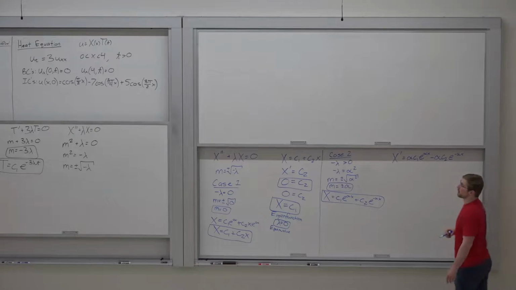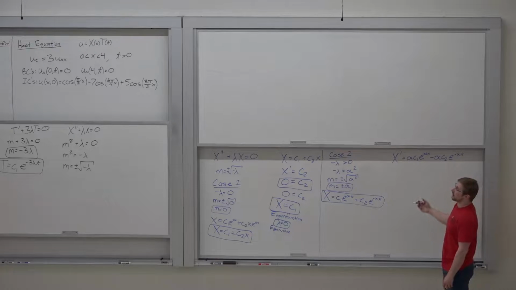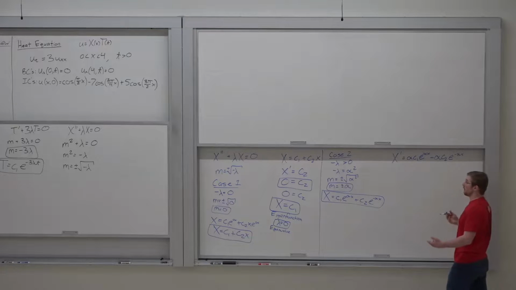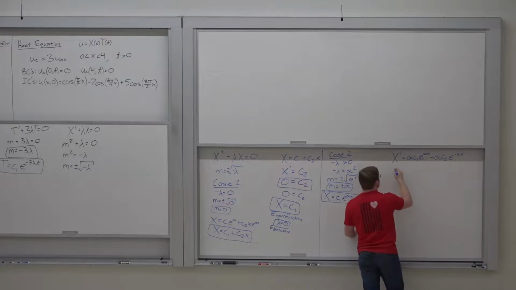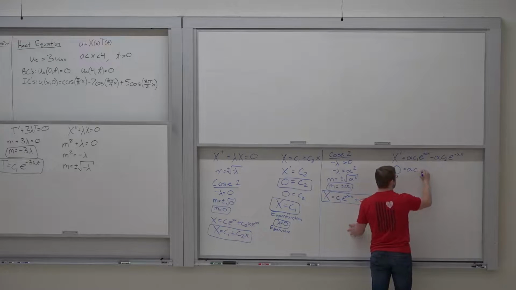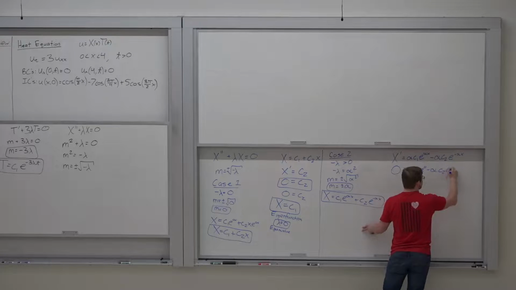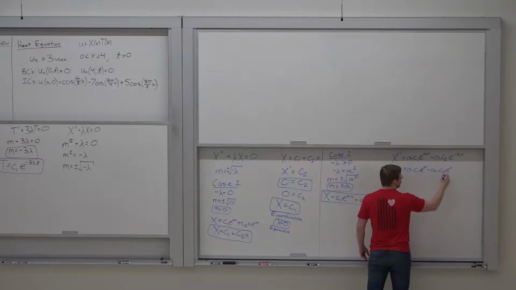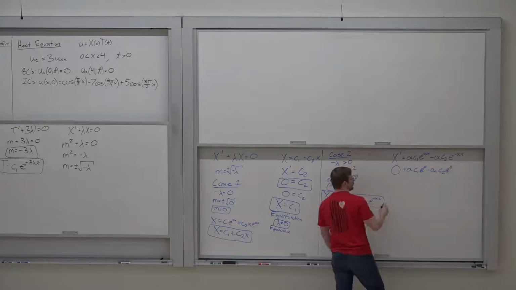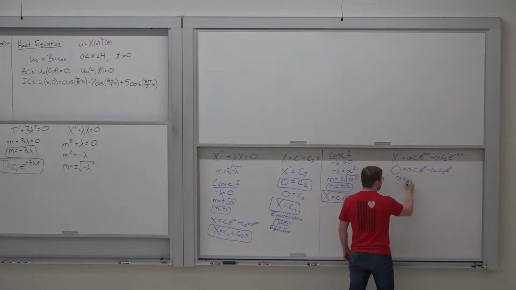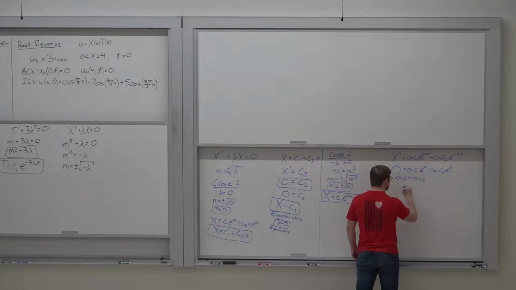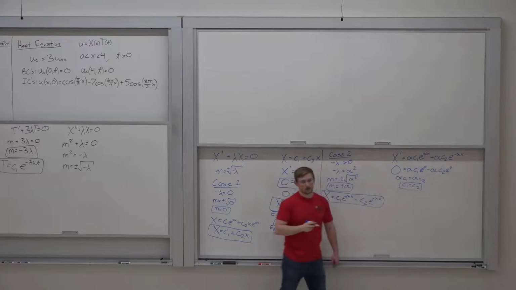I'll plug in my first boundary condition that says when my variable x is equal to 0, my function X prime is equal to 0. So I have 0 is equal to alpha C1 e to the 0 minus alpha C2 e to the 0. My e to the 0s both go to 1. I end up getting alpha C1 is equal to alpha C2, which tells me that C1 is equal to C2.